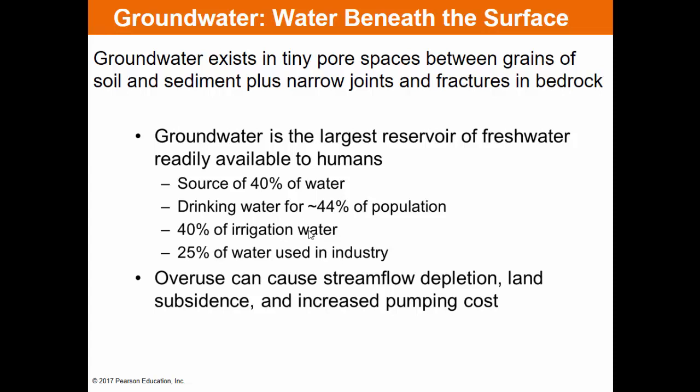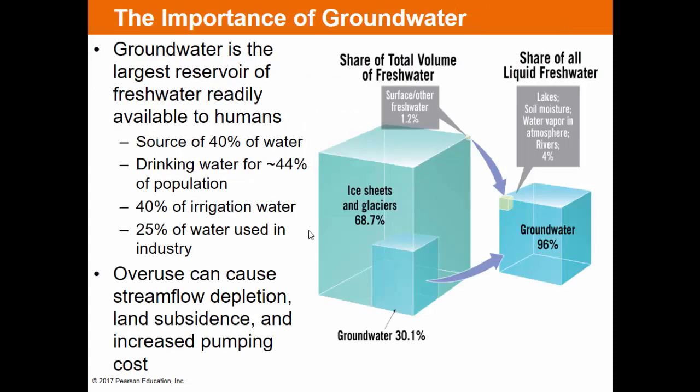And of course, overuse, depletion, or pollution, that's a major problem for groundwater, right? All right, we talked about this at the beginning of the chapter. Groundwater is the largest reservoir of fresh water readily available to humans.